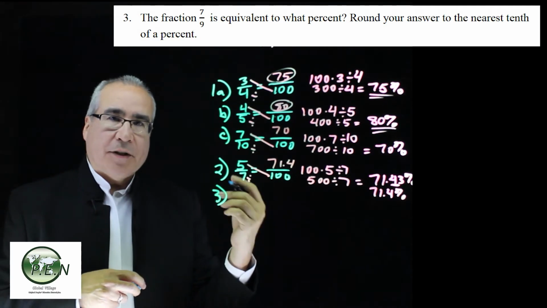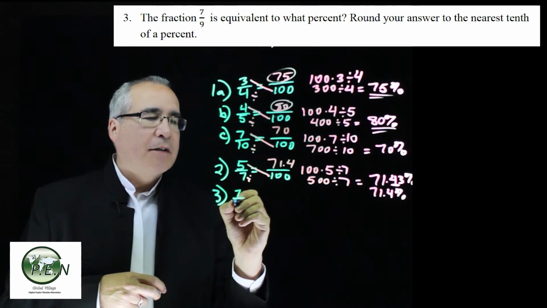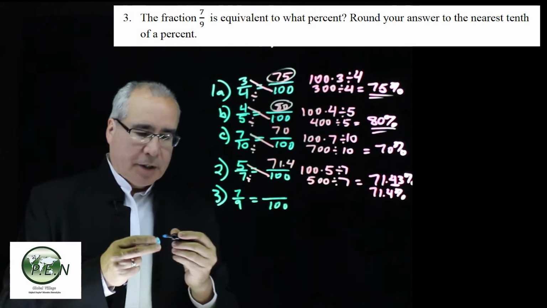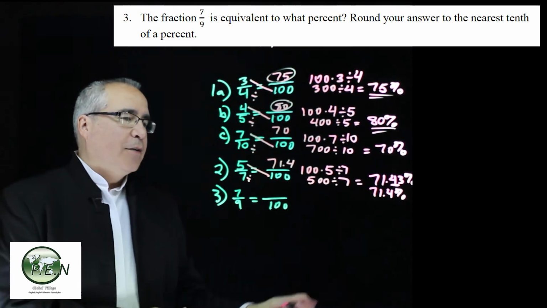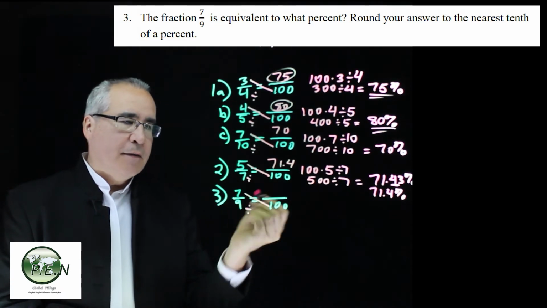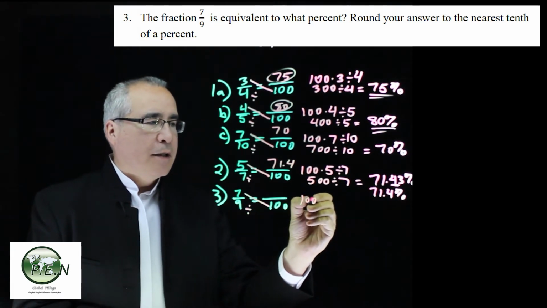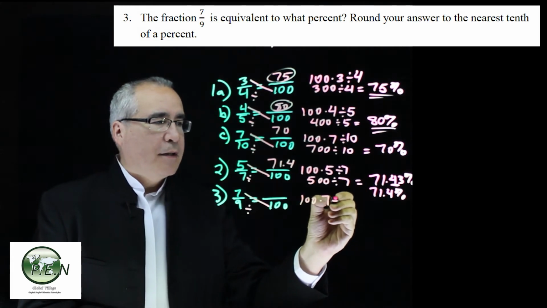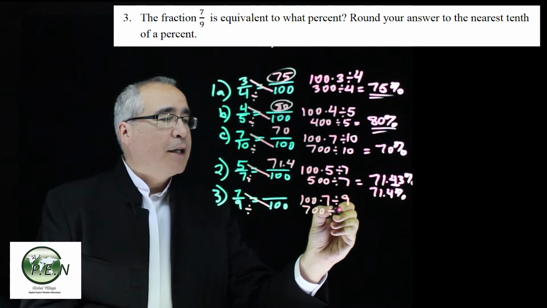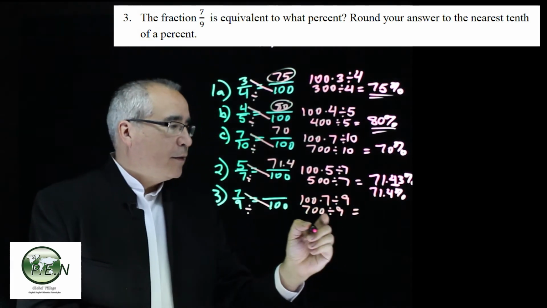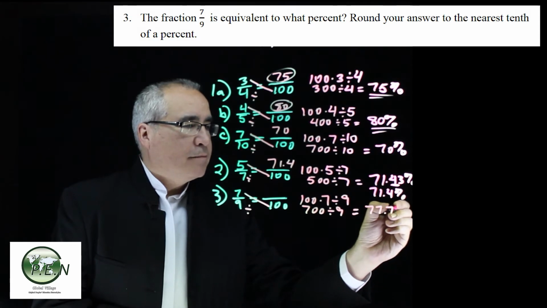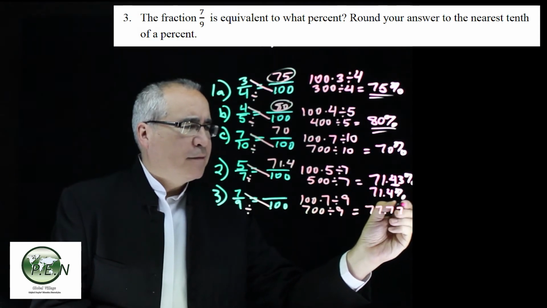We're given the fraction 7/9. And we want to find the per 100, the percent. So we take 100 times 7, and you got it, divided by 9. 700 divided by 9 gives us 77.77 repeating for a while.